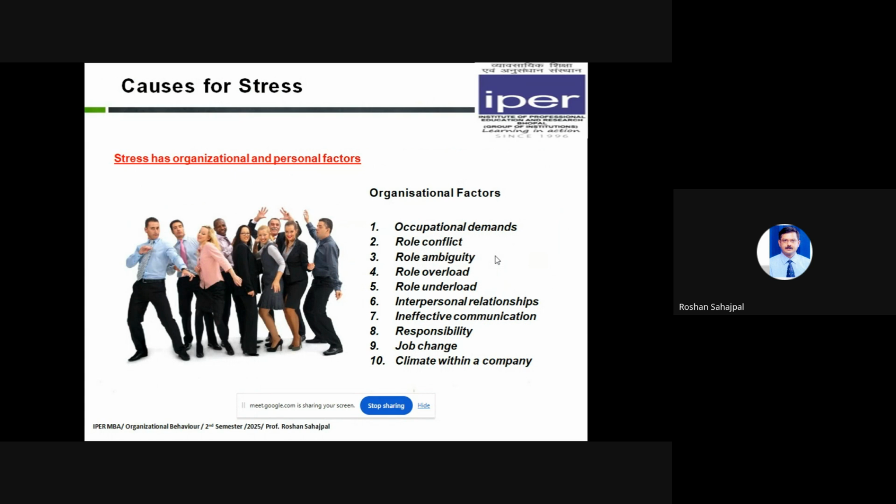And then there is job change. See, if a person goes to a new job assignment, then there is a period that a person takes to settle down, and only after the person has settled down does he or she begin to perform. So if there are frequent job changes, because these settling down periods are slightly stressful in nature because everything is new, you have to find your way in the organization.